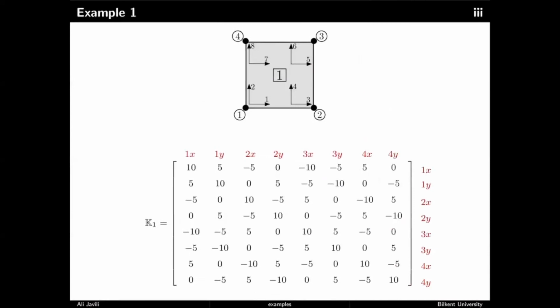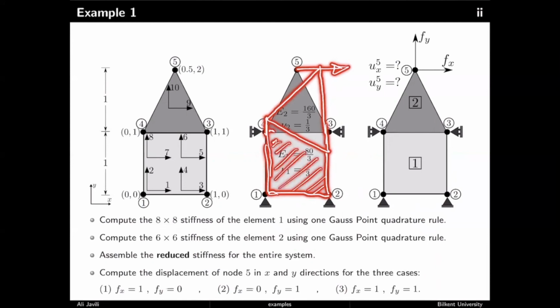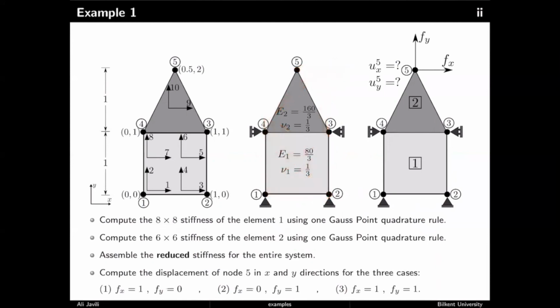So let's see what that means. If I apply a force like this, this node is coming up, this node is going down, which makes sense, right? And then this thing moves like this. So your structure would look like that. Does that make sense? U5 moves in the horizontal direction, a little bit to the right.